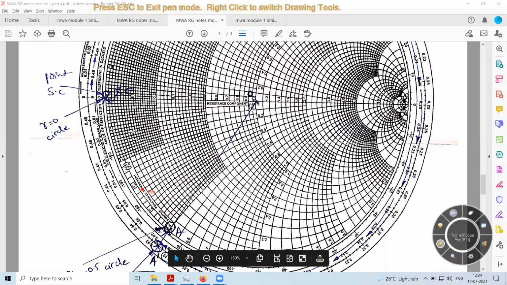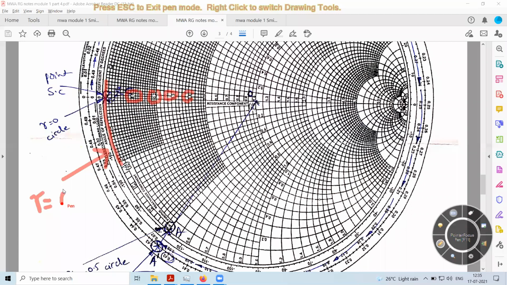If I keep on moving, it is 0.4, 0.3, 0.2, 0.1. This outer circle is associated with R equal to 0, that is, resistive component value equal to 0. Now, where does this line intersect with x equal to minus 0.5? Since it is minus 0.5, it is capacitive, and I am using this Smith chart as a Z chart.